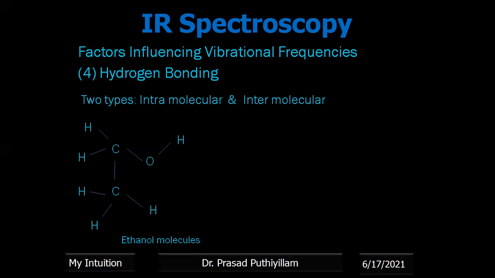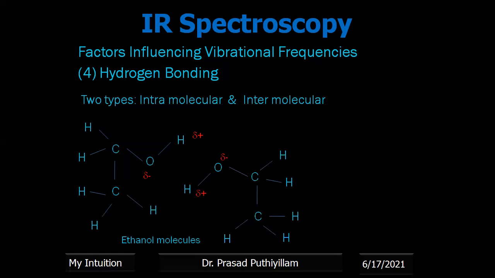I'm taking not one ethanol molecule but ethanol molecules. So I'm taking another ethanol molecule, again CH3, CH2, OH. And we know that oxygen has a partial negative charge, and hydrogen will get a partial positive charge. Similarly, in the second ethanol molecule also, oxygen will get a partial negative charge and hydrogen a partial positive charge.